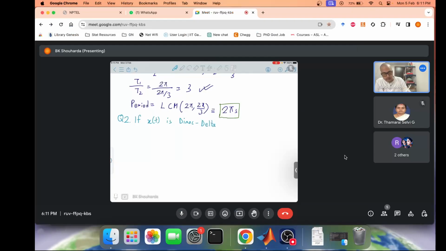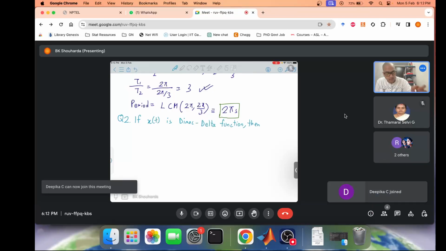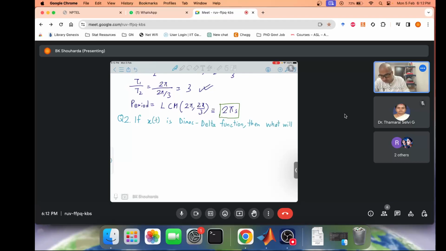So if x(t) is the Dirac delta function, then what will happen with x(t/2)?